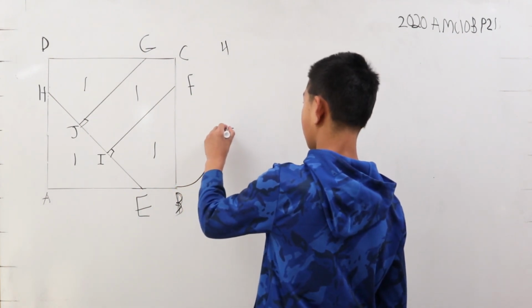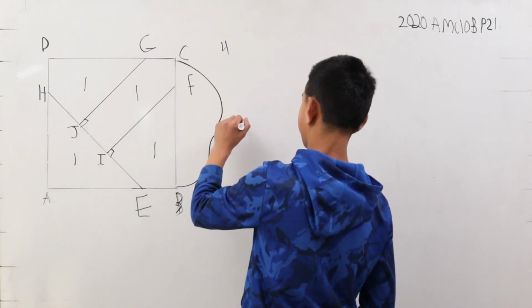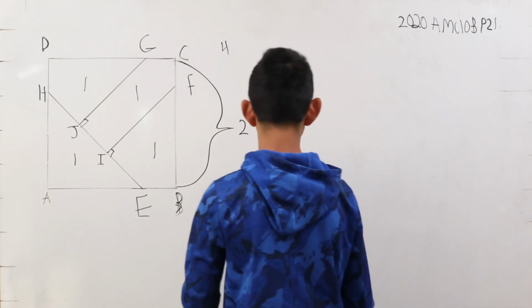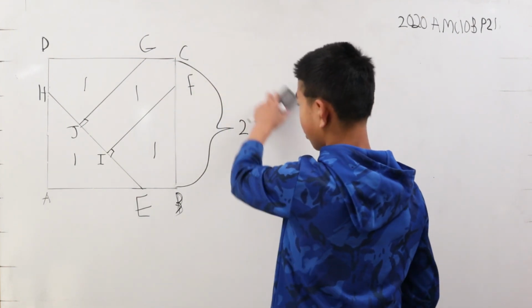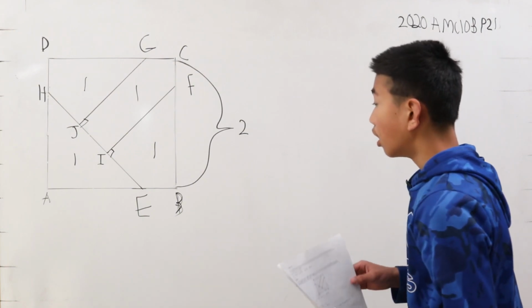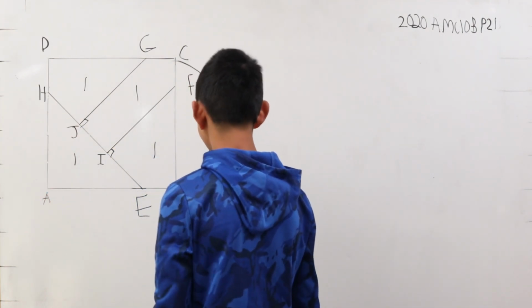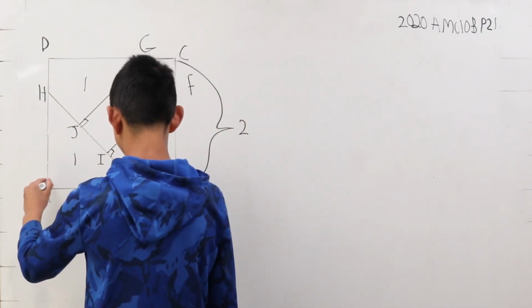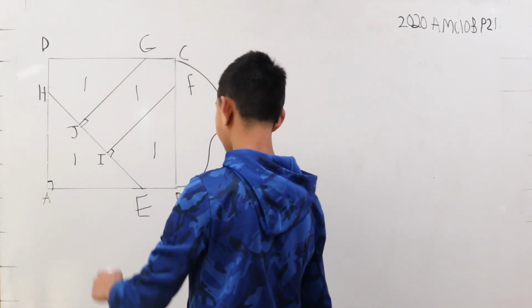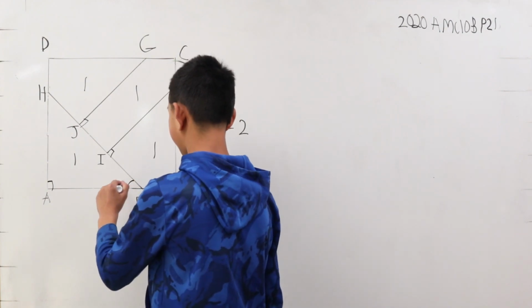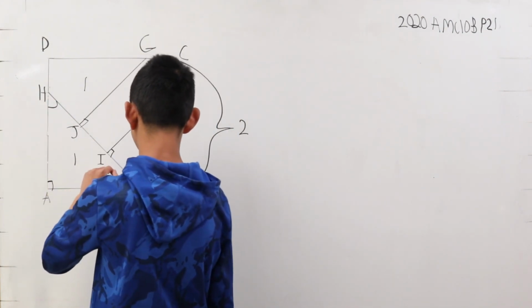So that means this is 2. 2 times 2 is indeed 4. So we have that. Now, we do know that these two lengths are equal, and since it's a square, there's a right angle here. Since these two side lengths are equal, this is going to be a 45, 45, 90 triangle.